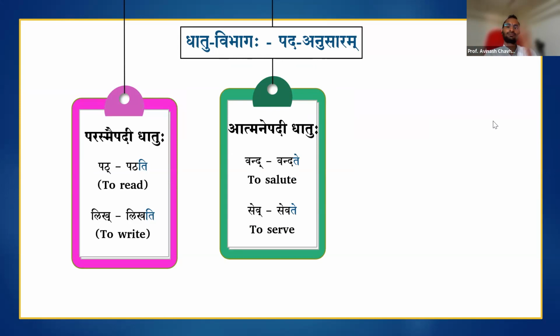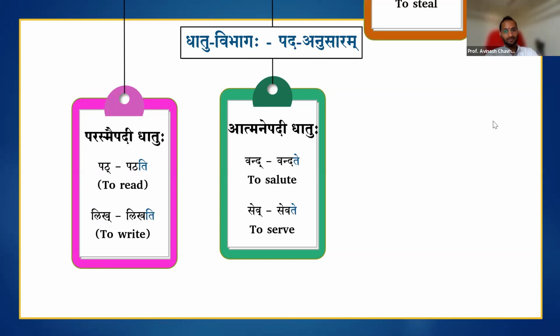There is an atmanepada dhatu also, like vand is an atmanepadi dhatu. Whenever we use an atmanepadi dhatu, there will be other pratyayas like te, ete, ante, etc. So it will become vandate. You will find different forms of all dhatus.